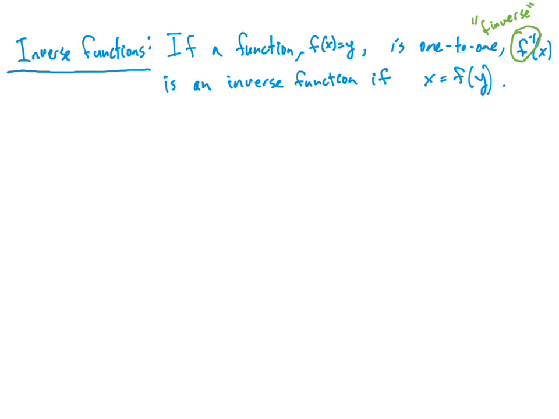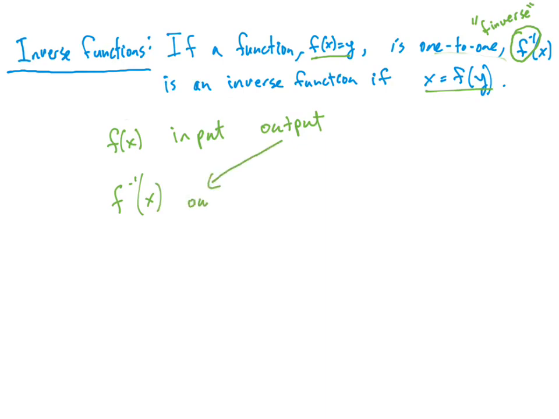What we notice between these two equations is the x value and the y value are swapping places. So the input and the output of a function, if this is the original function, in the inverse function each of these swap places. The output becomes the input, and the input becomes the output.